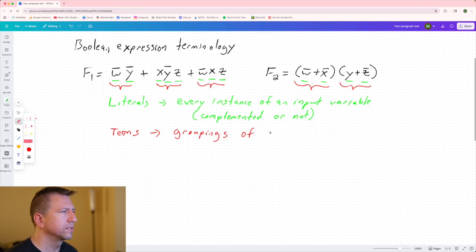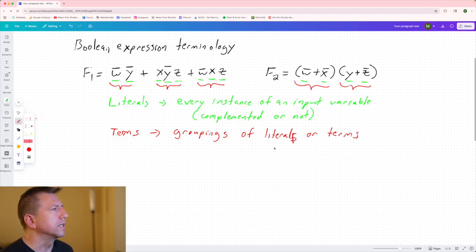So these are groupings of literals, or terms.